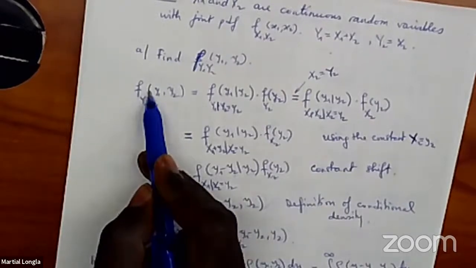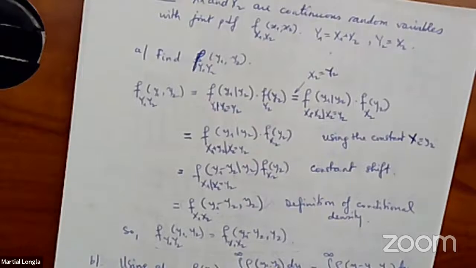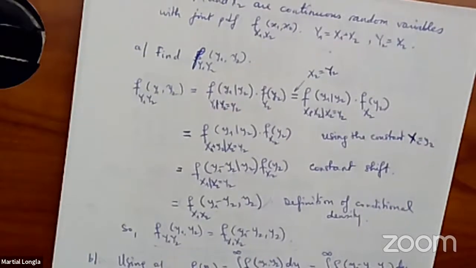That's it. So this is where you started, this is where you ended. So that distribution is equal to this. Any questions?